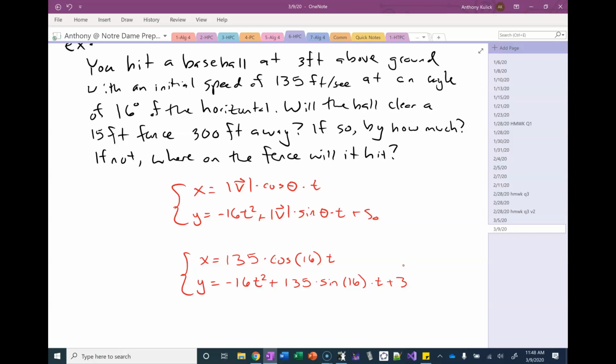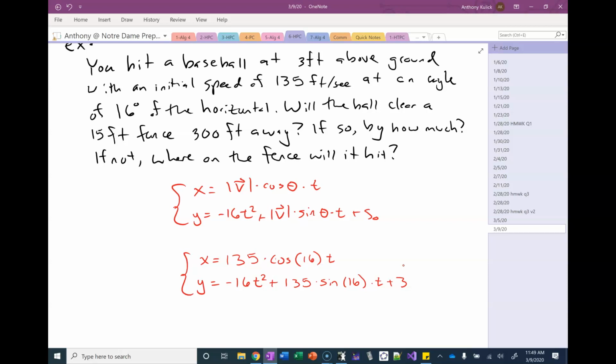So my plan is I want to figure out what the height of the ball is going to be after it's gone 300 feet. And I'm going to compare that to the 15-foot fence. Is everybody okay with that plan? In order to do that, though, I need to know how long the ball is going to be in the air, because the input for both x and y is time.